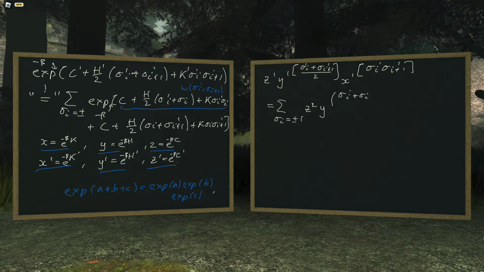That makes sense. This will be to the power of sigma primes sigma I, and then this is all times y prime over 2, and then x to the sigma I prime plus 1.